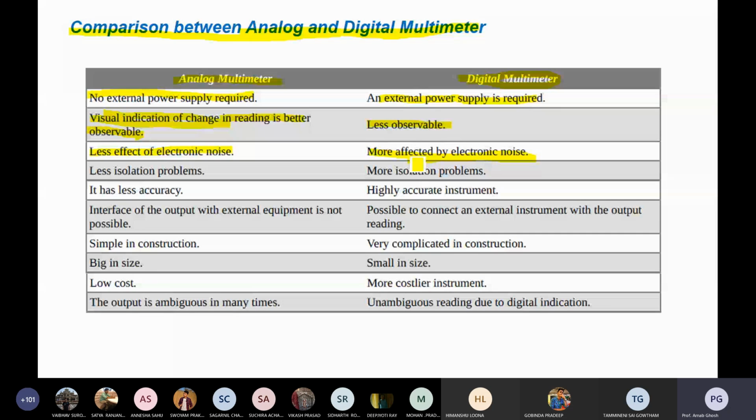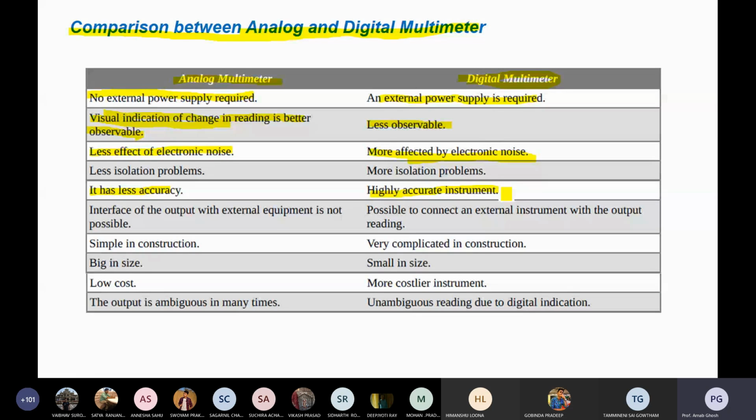So less interference is there in an analog instrument, while in a digital instrument interference will definitely be high. Digital has less accuracy, so the accuracy level is less, while here the accuracy level of the instrument is more. From the concept you can know that accuracy level should be more.